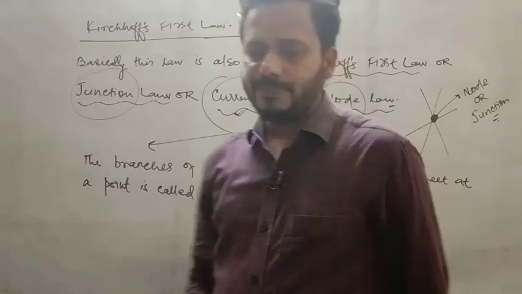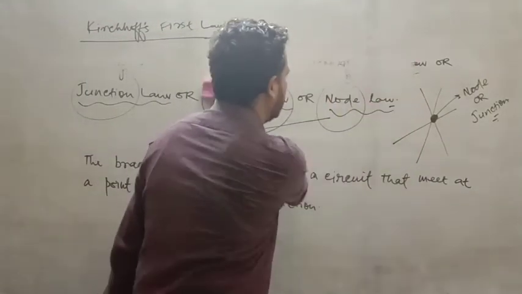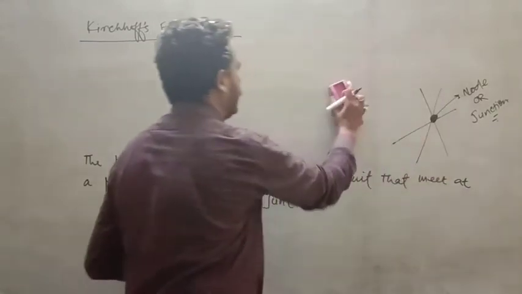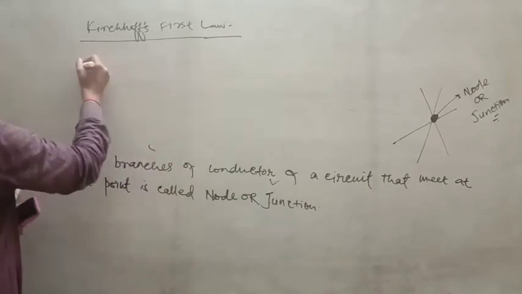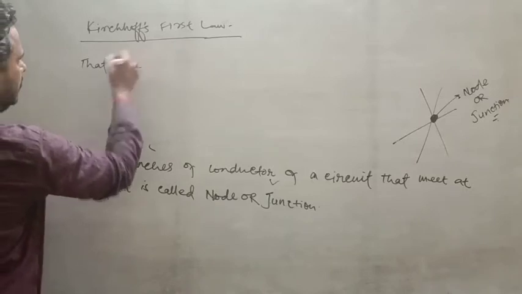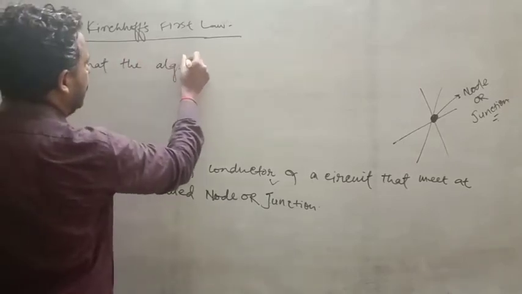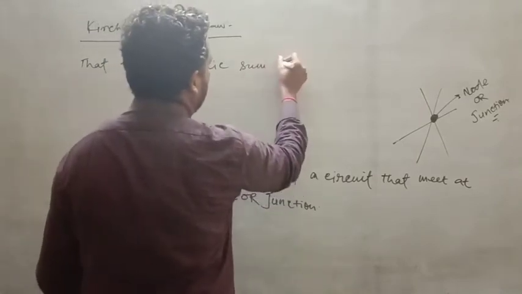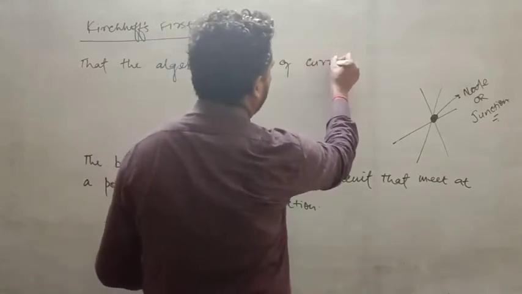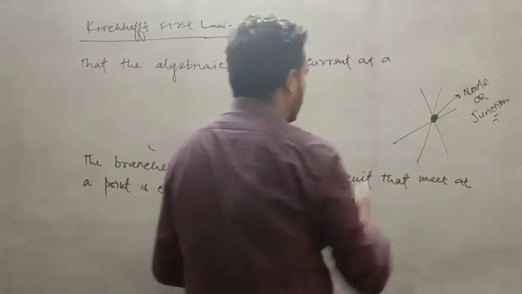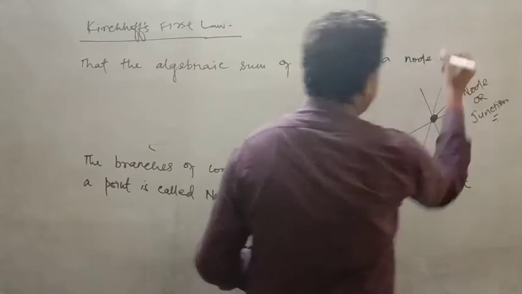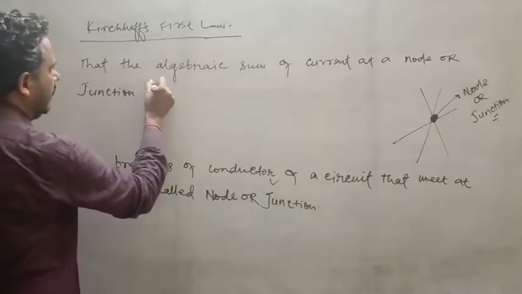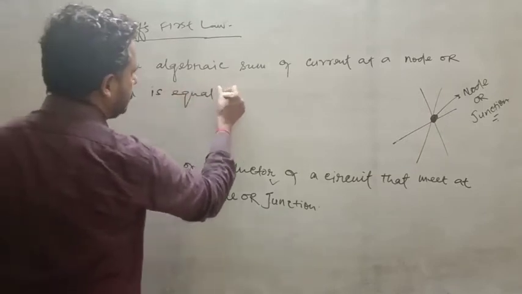Now, what about this first law? It is very simple: the algebraic sum of currents at a node or junction is equal to 0.